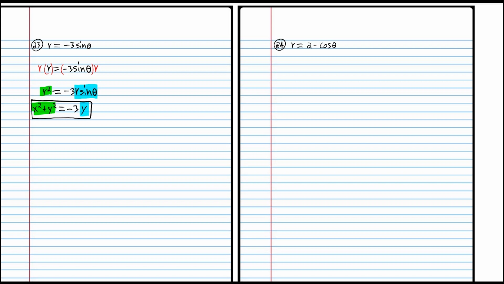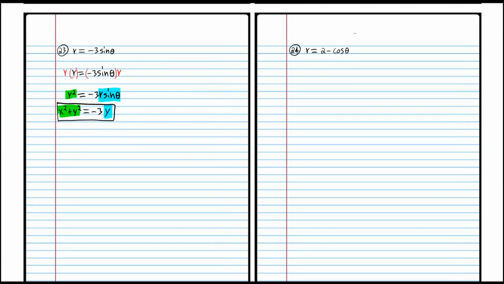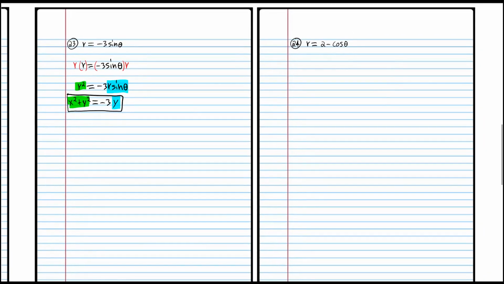But just leave your answer in that form. But if you can, try to get rid of the square root. So try 24. When you come back, we'll do it together. And you want to start by multiplying both sides by r. That's just going to make things a lot easier. You don't have to do it that way, but it's going to be easier. So try number 24. When you come back, we'll do it together.